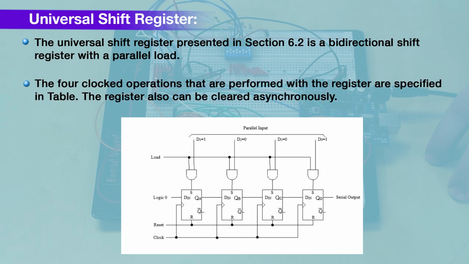The 4 clock operations that are performed with the register are specified in the table. The register can also be cleared asynchronously. Our chosen name for a behavioral description of the 4-bit universal shift register is shown in the figure.